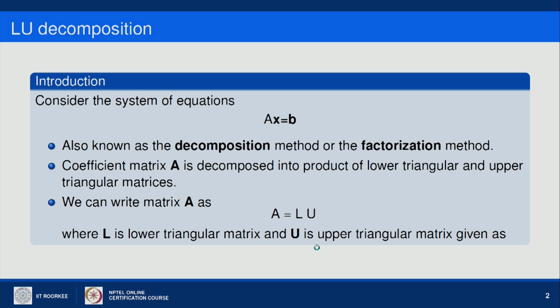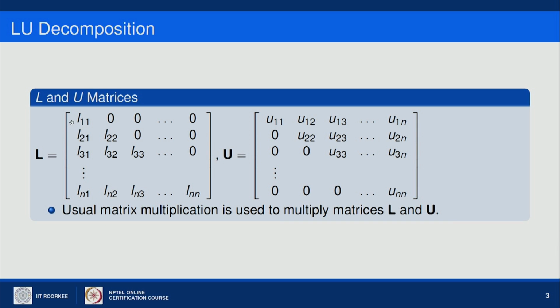So, these two matrices are given as you can see, it is an n by n matrix L and it is a lower triangular matrix, because all the entries above the main diagonal are 0. Similarly, U is an upper triangular matrix, and here all the entries below the main diagonal are 0. We are using the usual matrix multiplication to multiply the matrices L and U.